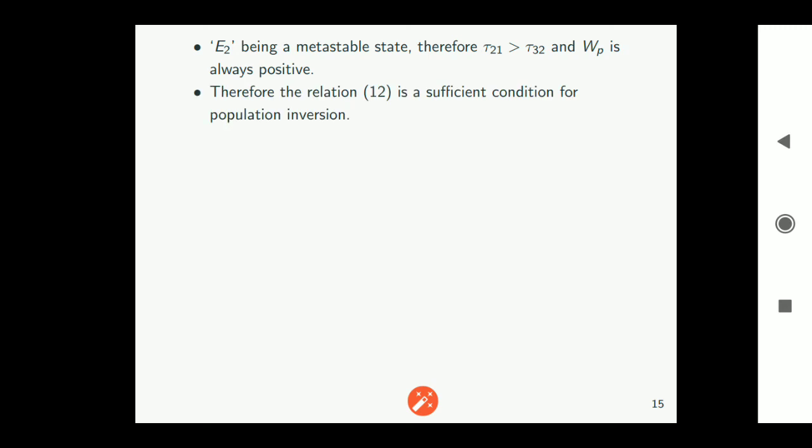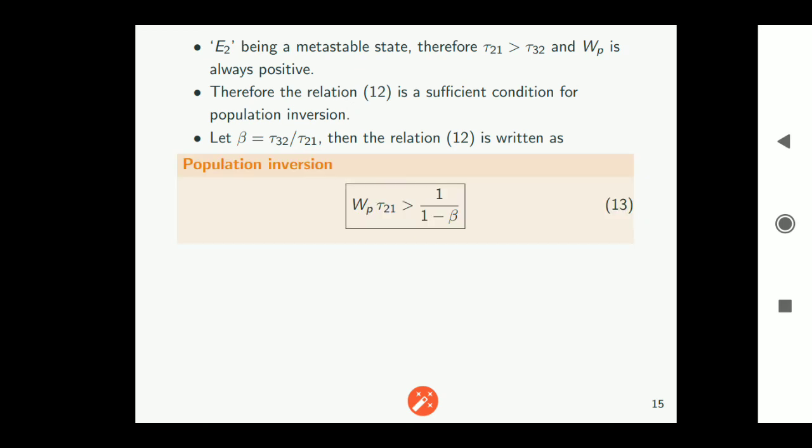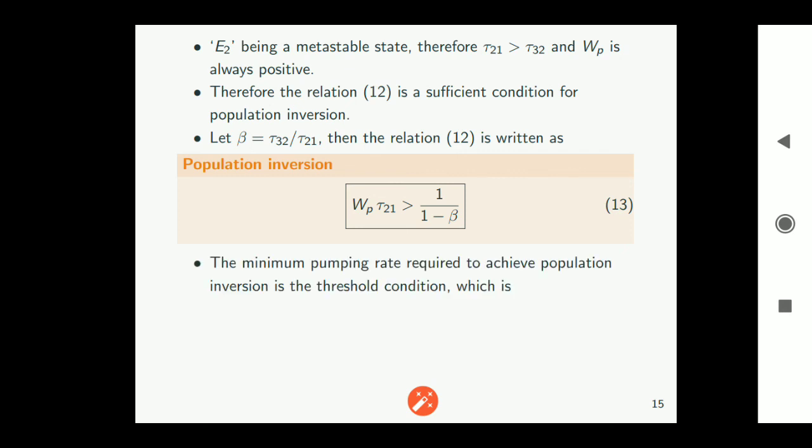That represents the sufficient condition for population inversion. Now let us denote the ratio of tau 32 by tau 21 by beta. Then equation 12 is written as Wp times tau 21 greater than 1 divided by 1 minus beta. So that's the condition for population inversion.